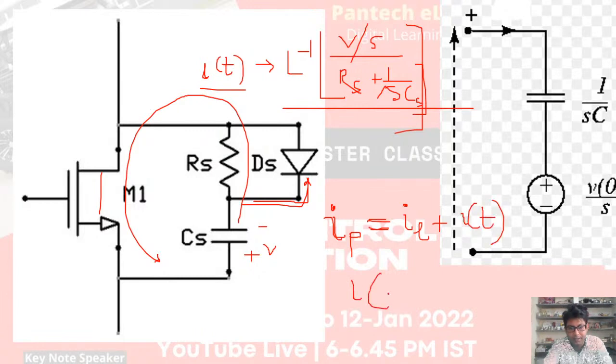So my IT is equal to my IP minus IL, and if you take the inverse Laplace transform of this, you will get a term in the form of e to the power minus t by tau, the time constant, which is in terms of RS and CS.